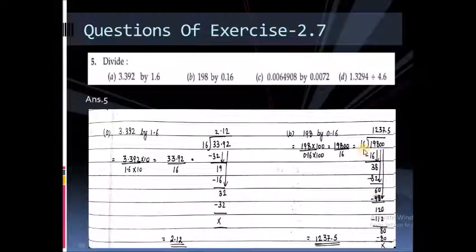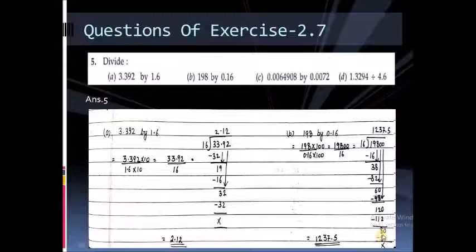So nearest to 60, 3 times will be 48. When you subtract 48 from 60, you get 12. You will note down the next 0 over here. Okay, it becomes 120. Nearest to 120 comes 112 in the table of 16, 7 times. You write it here. You subtract both of these numbers, you get 8.